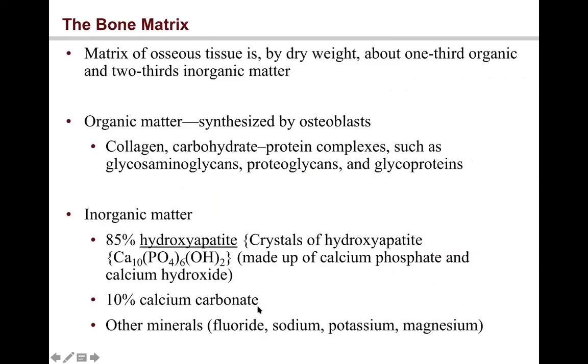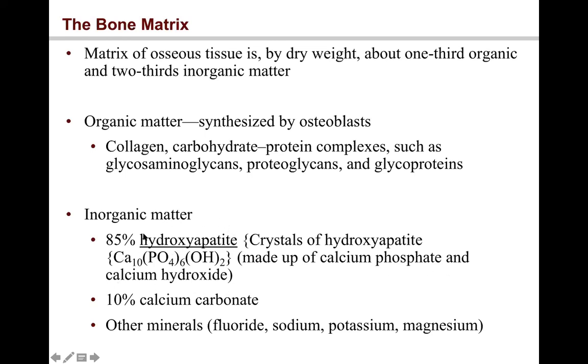Now comes the non-living part of it, which is known as the bone matrix. The bone matrix of the osseous tissue or bone tissue by dry weight is about 1/3 organic and 2/3 inorganic matter. It is made up of this chemical known as hydroxyapatite, which is nothing but crystals of calcium phosphate and calcium hydroxide.